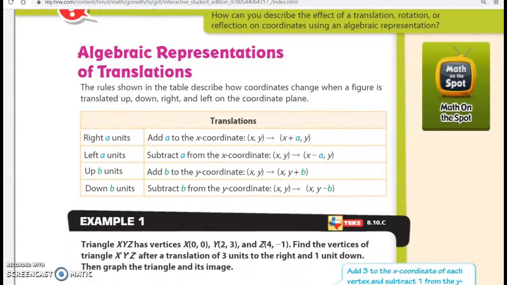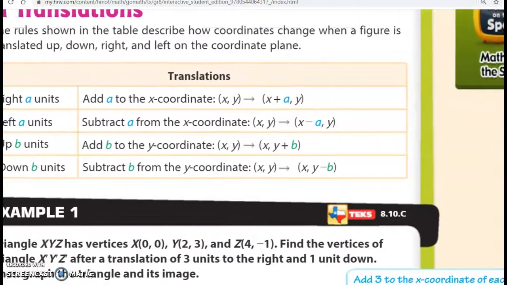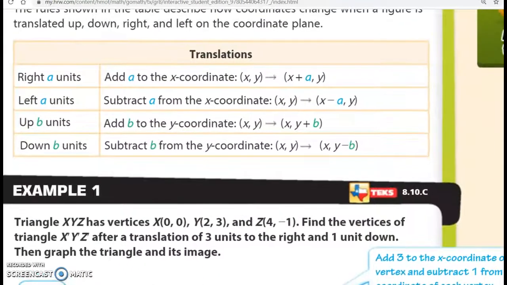We have the example of a triangle, and I'm going to make this bigger, sorry. Triangle XYZ has vertices of x at 0, 0, y at 2, 3, and z at 4, negative 1. So let's figure out what the vertices of triangle x prime, y prime, z prime are, remember that's what the little tick mark means, after a translation or sliding of 3 units to the right.